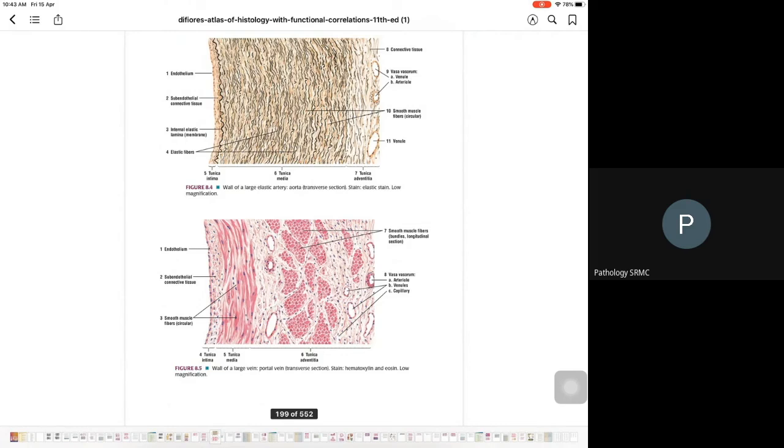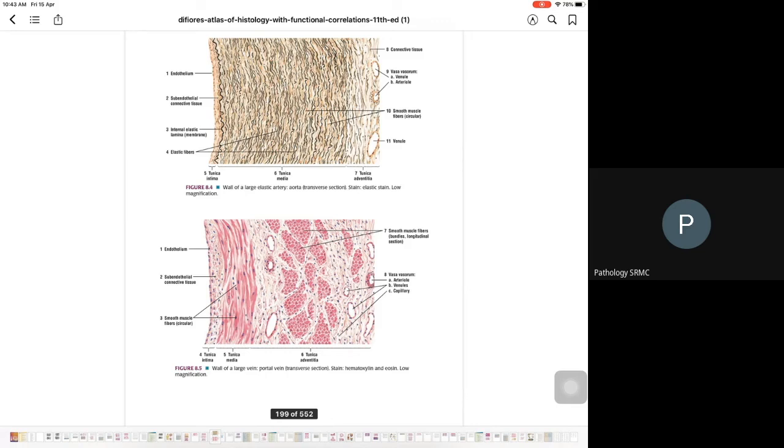From the left, endothelium, subendothelial connective tissue, internal elastic lamina membrane, elastic fibers, connective tissue, vasa vasorum, venule and arterioles, then smooth muscle fibers, circular, and lastly venule. And below they have divided the layers, the innermost being tunica intima, middle tunica media, and outermost tunica adventitia.